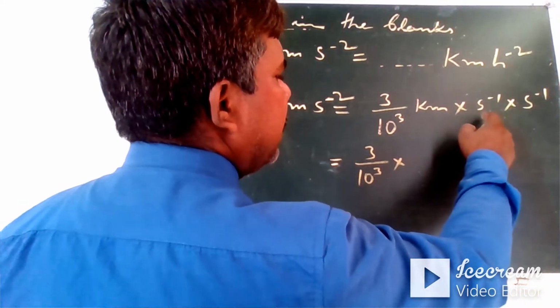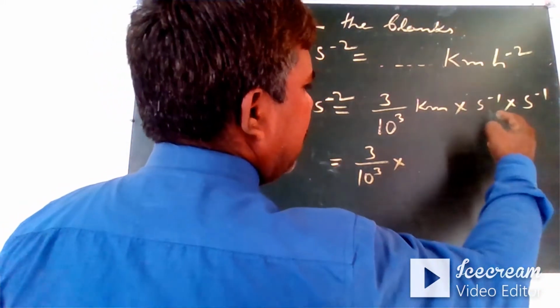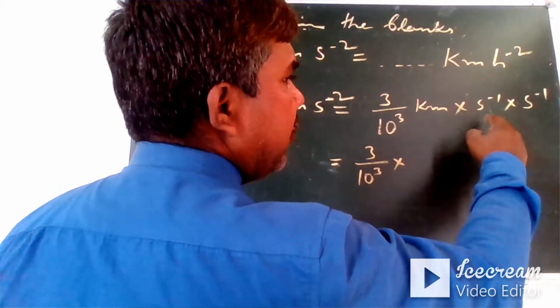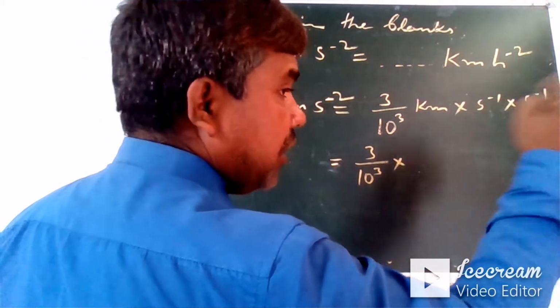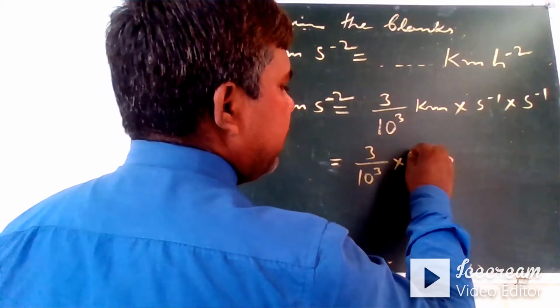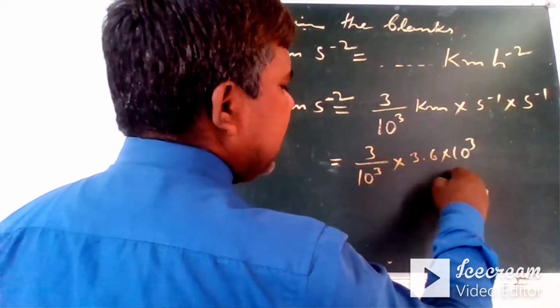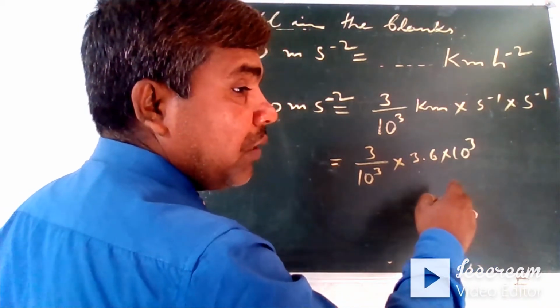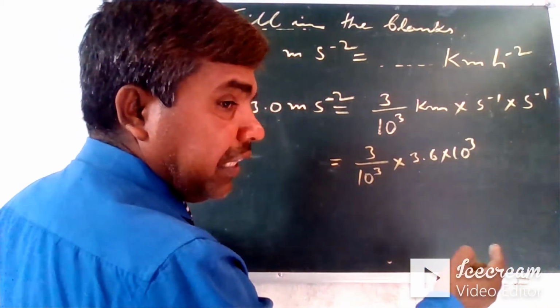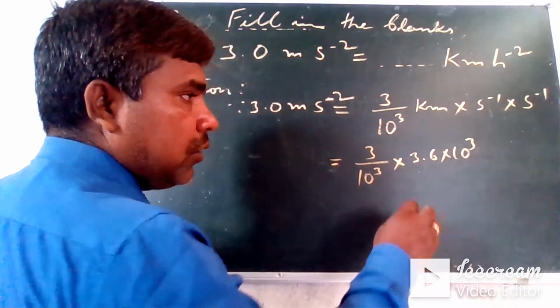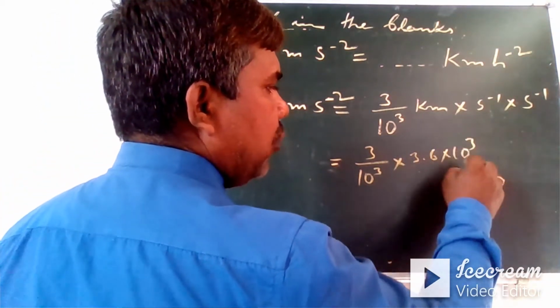It means we can convert into hour. So 1 second can be converted into hour. It means we have to multiply by 3600. 3600 means 3.6 into 10 to the power 3. Why am I writing this one? Because we are trying to solve this question scientifically, by the method of science. So this has become 10 to the power cube.